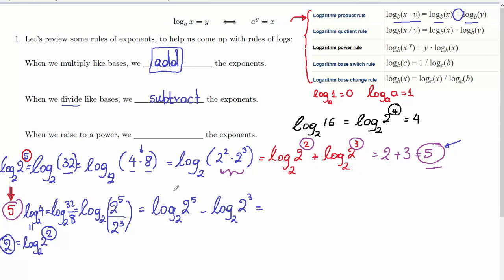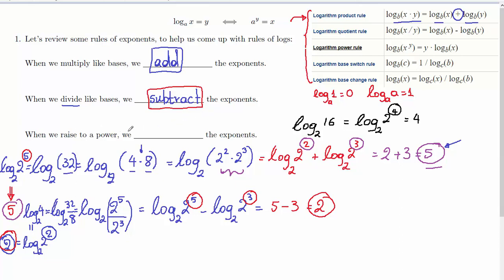Right here, this logarithm is going to be equal to 5. And if you look at this logarithm, the exponent is 3, so it is equal to 3. So what I do is I subtract 3 from 5, and the result is 2 again. So the property holds. And this is how we come up with this generalized property that tells us that whenever you divide two numbers and you get the logarithm of them, then this is equal to subtracting the exponents.